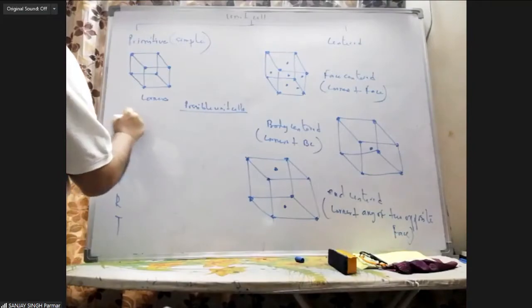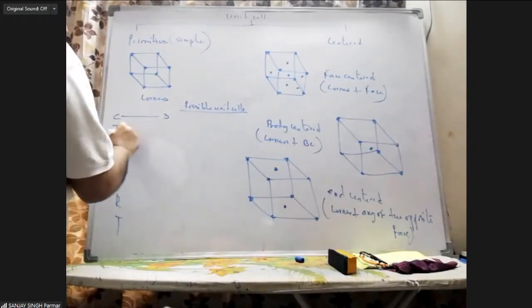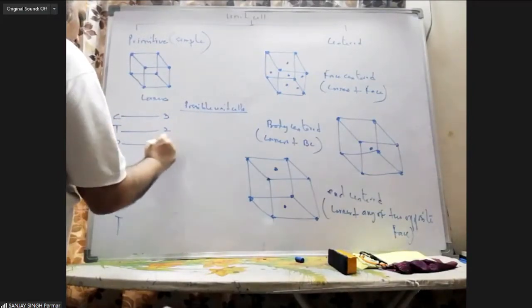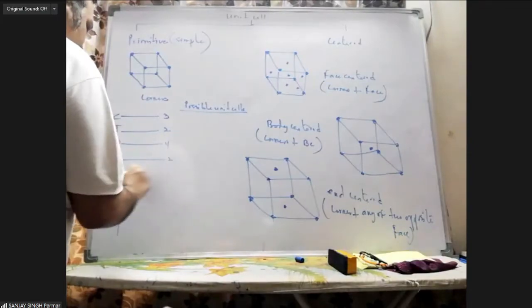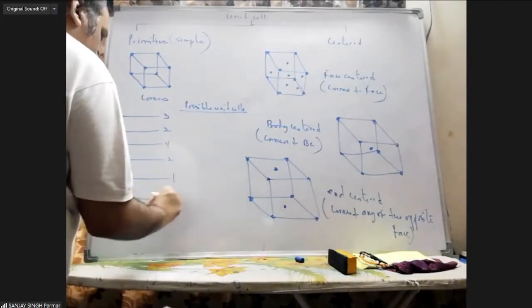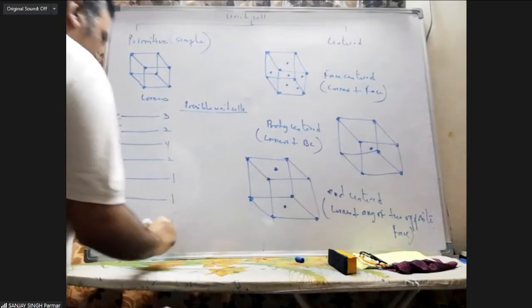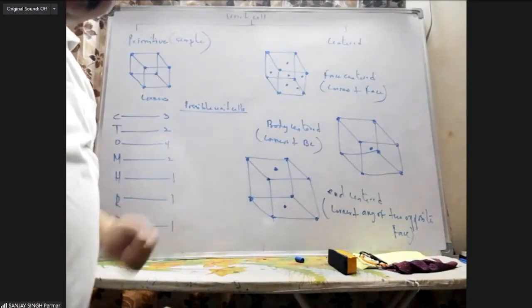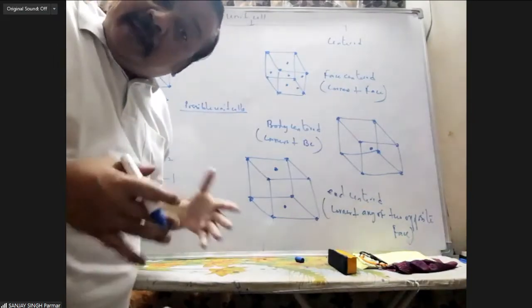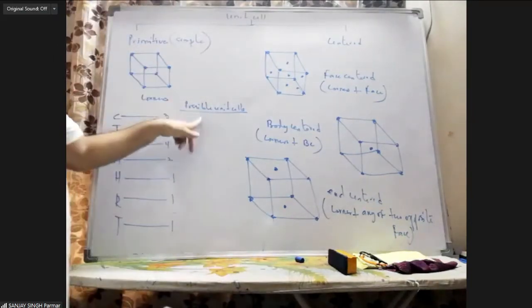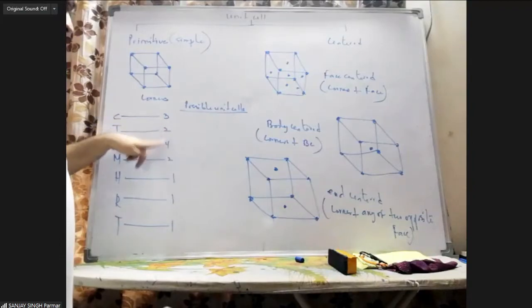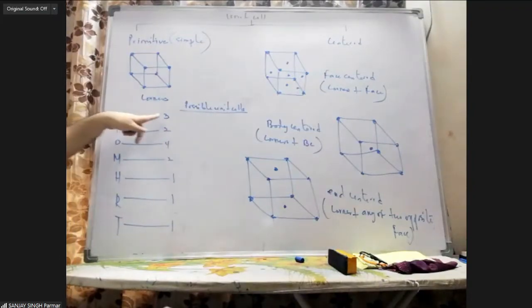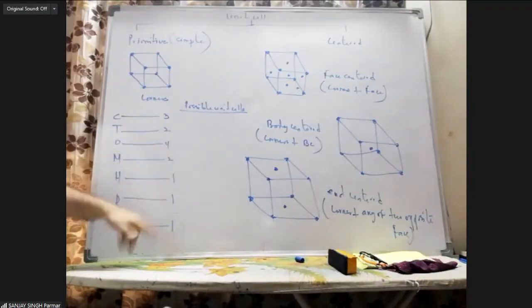Simply remember, again I am giving logic: 32, 42, 111. A very simple way of remembering. Deliberately I taught you C, Tom, HRT so that remembering will be very easy. So possible unit cells are 32 in the order C, Tom, HRT: 32, 42, 111.